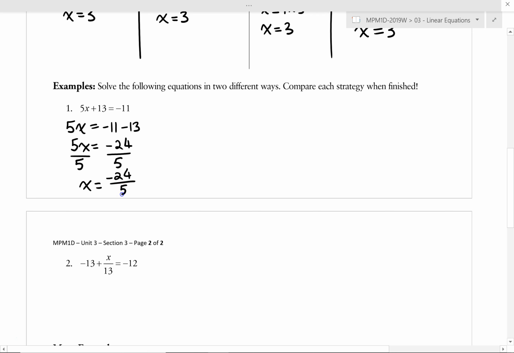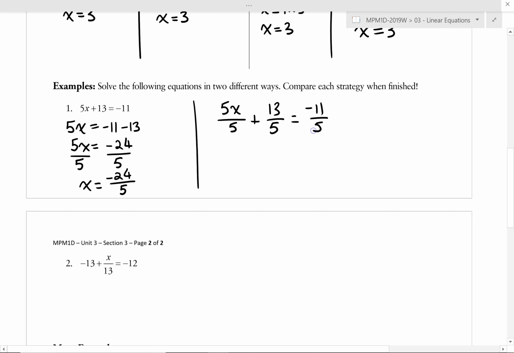That can't be reduced. It's not divisible by 5. And just imagine what would have happened if we had tried to divide everything by 5 first. You don't have to write this, but I'll just show you what would have happened. If we divide by 5 first, we would have had 5x over 5, but we also have to divide 13 by 5 and negative 11 by 5.